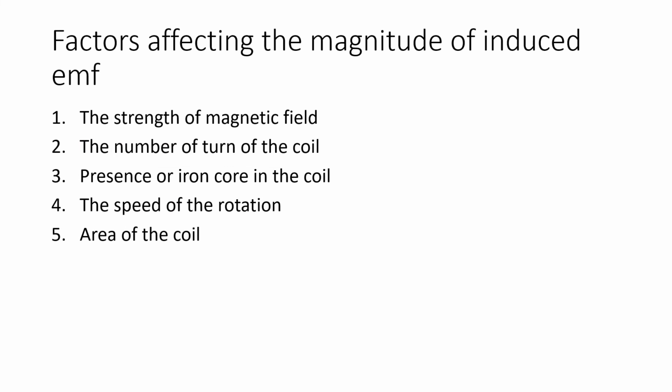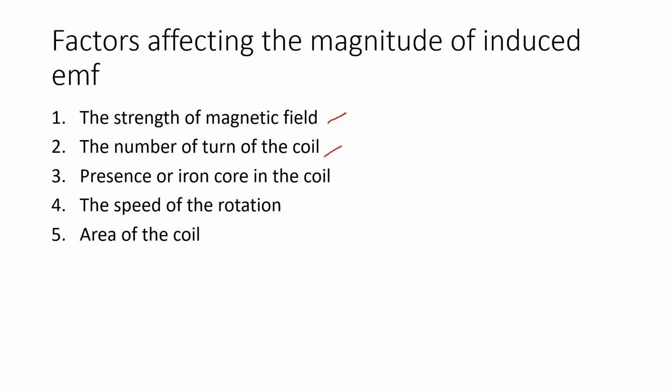Factors that affect the magnitude of induced EMF. The strength of the magnetic field: the higher the magnetic field, the higher the EMF. The number of turns of coil: the higher the number of turns, the higher the magnitude of EMF.